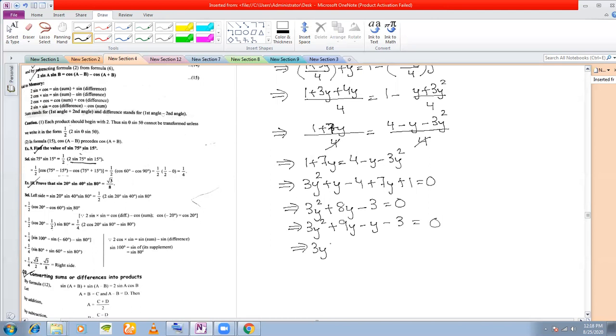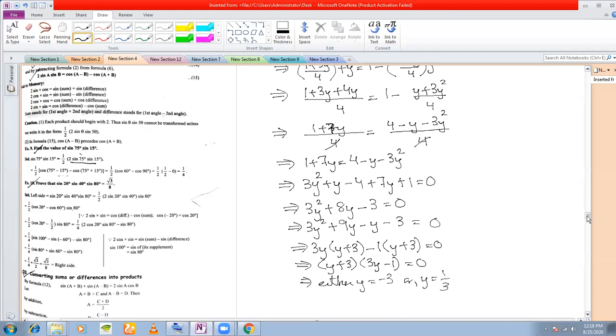Then 3y into y plus 3 minus 1 into y plus 3 equal to 0. y plus 3 into 3y minus 1 is equal to 0. That means either y is equal to minus 3 or y is equal to 1/3.